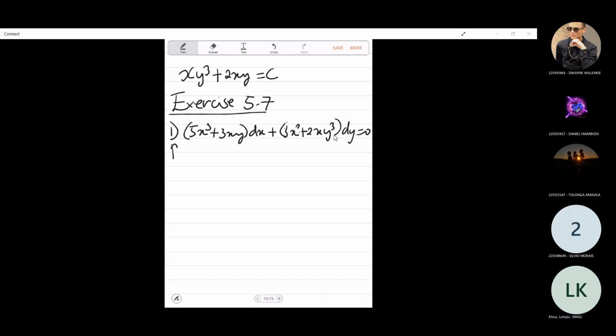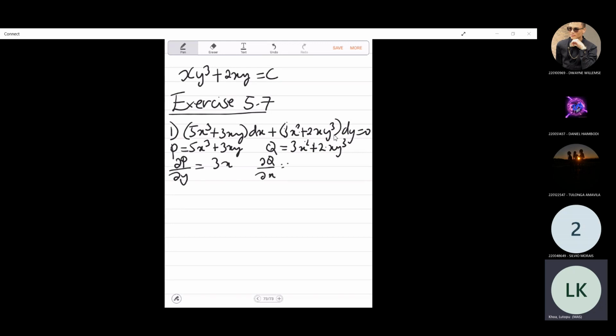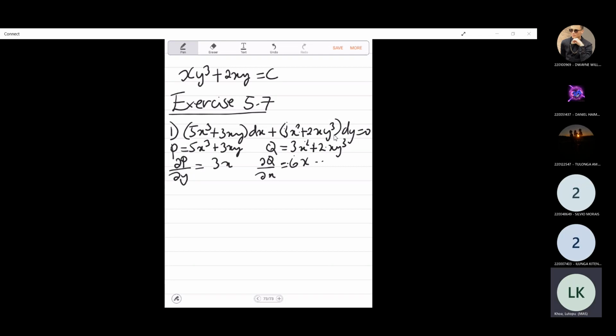Our p is 5x cubed plus 3xy, q is 3x squared plus 2xy cubed. dp/dy, this is 3x. dq/dx, this is 6x plus 2y cubed.